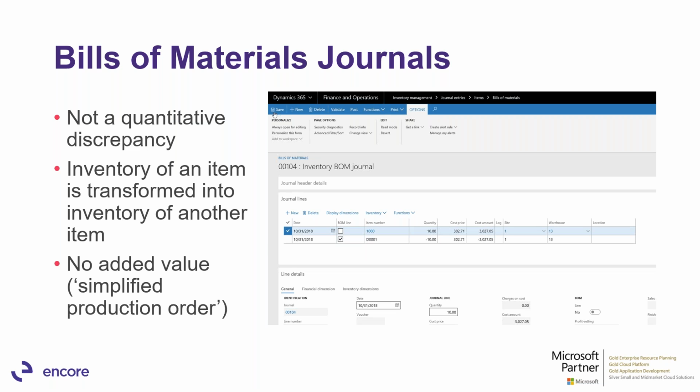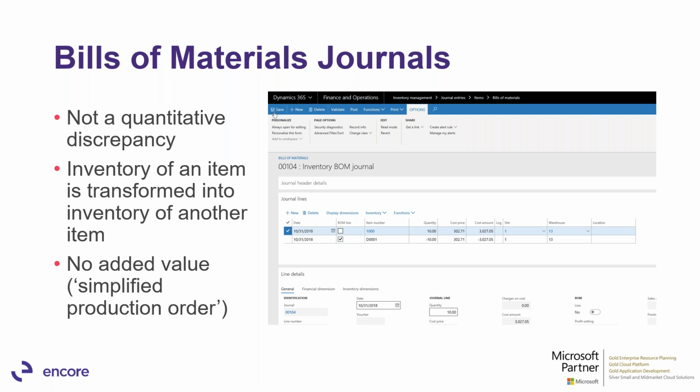This is used for when inventory is being transformed from one item number to a different one, but very importantly, without added value. So yes, it can be considered a very simplified production order when we grab item number 1 and make item number 2 out of it without decreasing or increasing its inventory value.